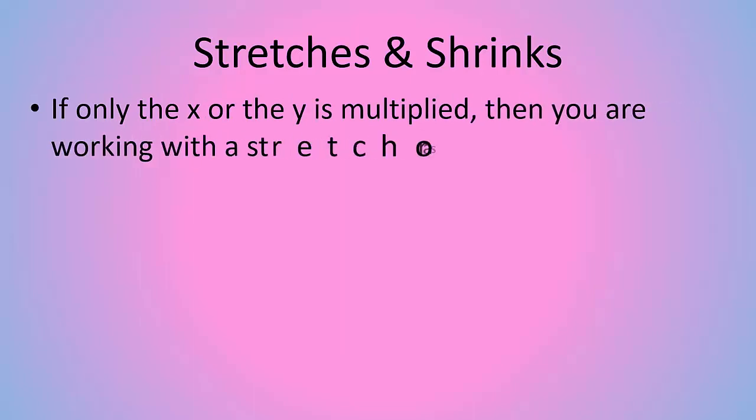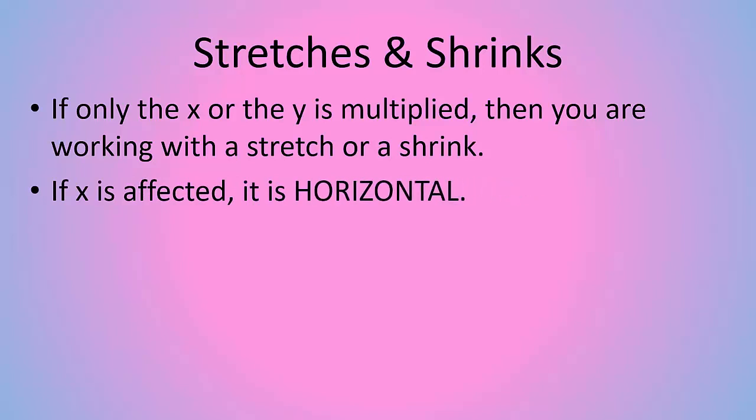So if only the x or the y is multiplied, then you are working with a stretch or a shrink. If x is affected, it will be a horizontal stretch or a horizontal shrink. Again, stretch means it's getting larger.